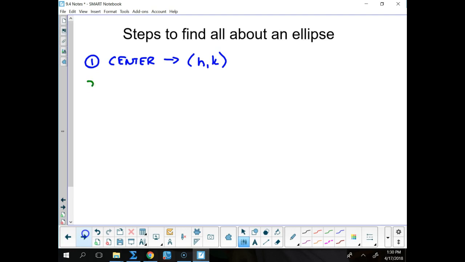Second thing we do is we look at the number under our x part. We take the square root of it, and that's going to tell us how much left and right from the center we go.